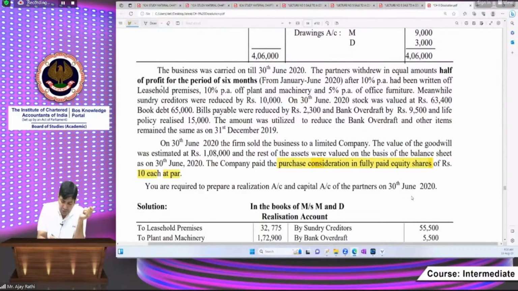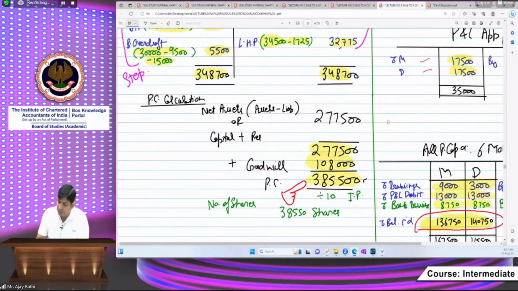Beta, maybe the issue price may be different. Since it is at par, you divide by rupees 10 to find out the number of shares which you are getting for selling your business as an existing partner. So divided by 10, these are the total shares which you are getting for selling your business to the company.